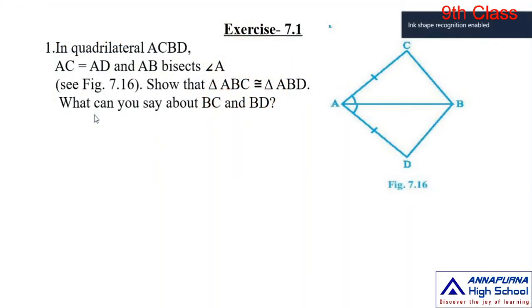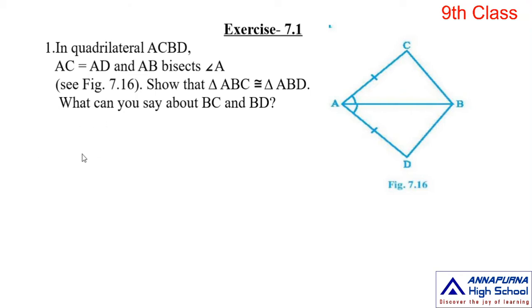Now let us start exercise 7.1 problems. First problem. In quadrilateral ACBD, AC is equal to AD and AB bisects angle A. See figure 7.16.